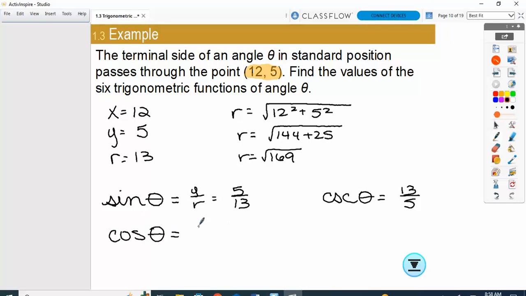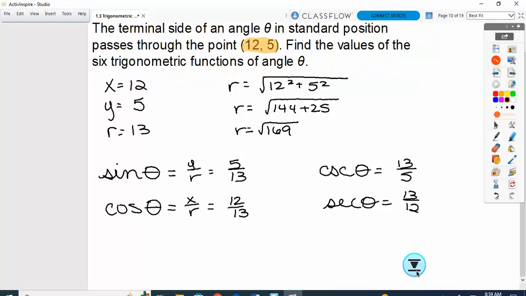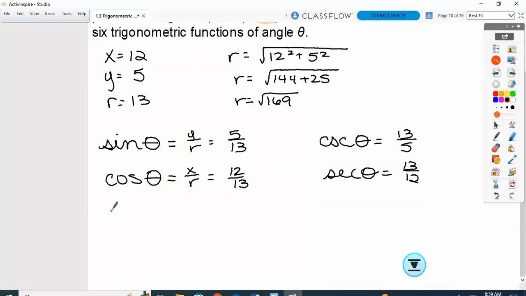Cosine of theta is x over r. So that would be 12 over 13. What's the reciprocal of cosine? Secant. So secant of theta is 13 over 12. Tangent of theta is y divided by x.